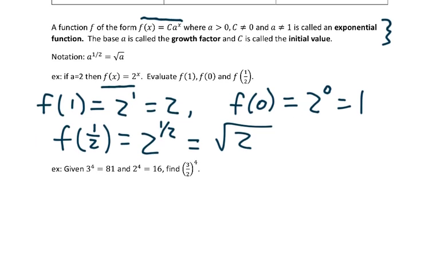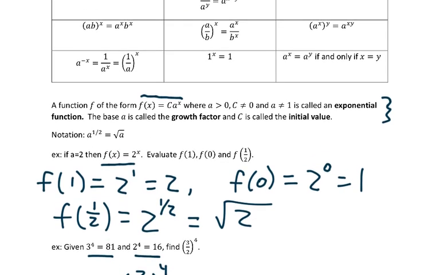And here's another example. Here I'm reminding you that 3 to the 4th is 81, 2 to the 4th is 16, so we want to calculate this. If you do 3 over 2 raised to the 4th, here we're going to be using this law of exponents, where if you have a over b to a power, that's a to the power over b to the power.